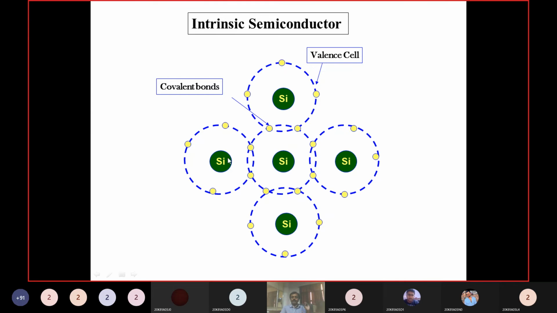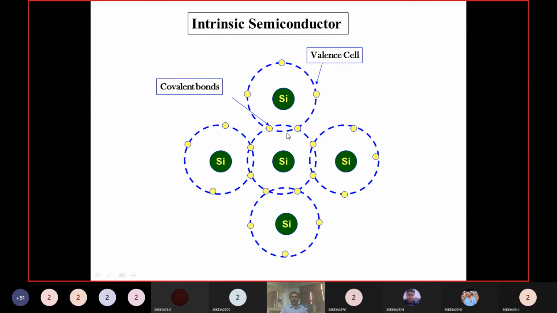In semiconductors the outermost shell has 4 electrons. For full stability it requires 6 electrons, because the p orbital contains a total of 6 electrons. Silicon has 4 electrons in the outermost p orbital, so for stability it requires 2 more electrons.